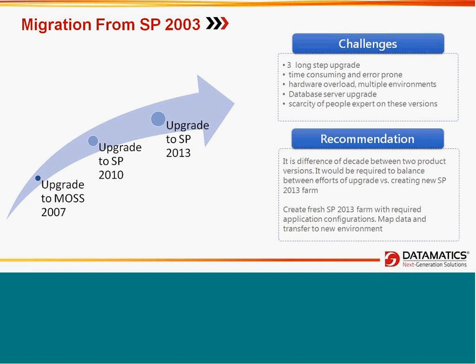The next part is preparation. Preparation is where we will prepare a checklist where we will record all the customizations that we have done. We will gather all the latest source code and keep it error-free.